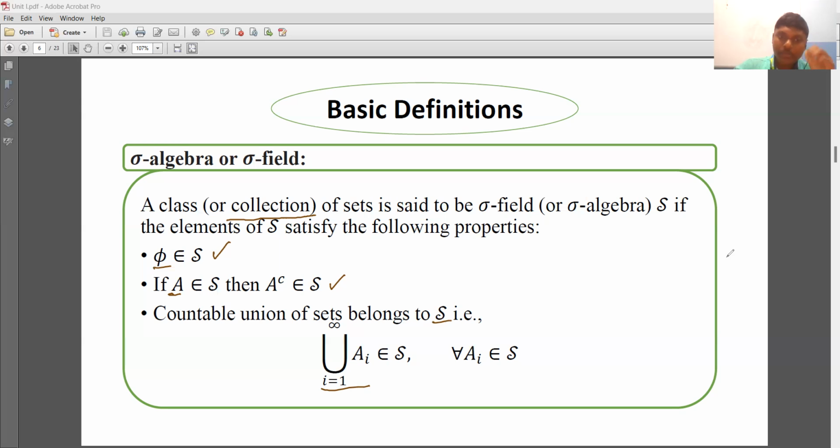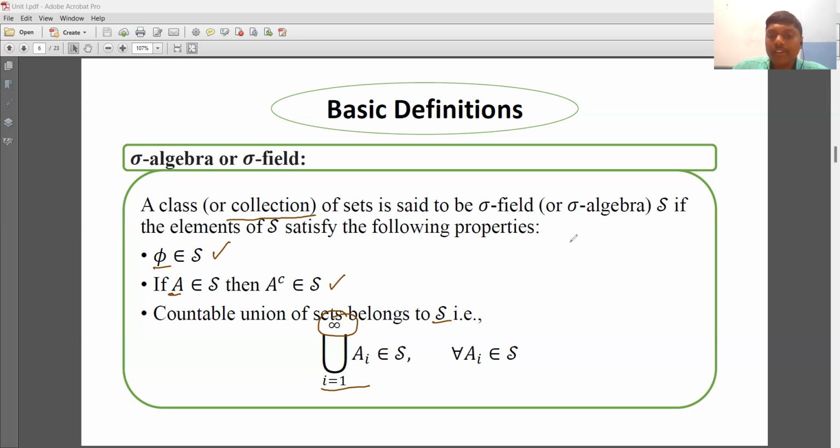Now, let me give an example in a finite case. Here, in the third property, we have an infinite collection of sets. But instead of taking that, let me take a very simple example of a finite case.